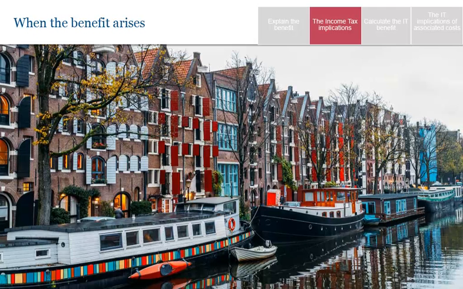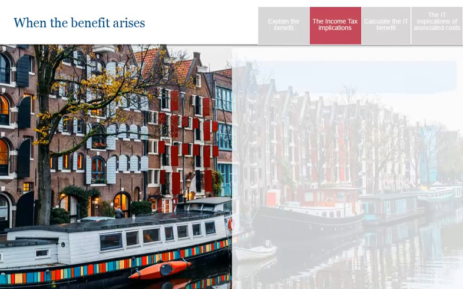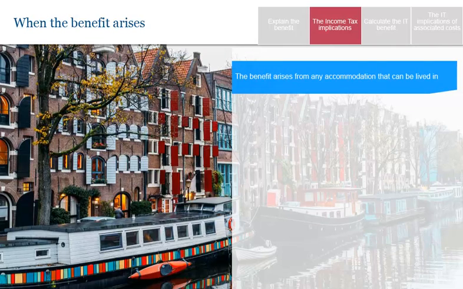Just to take a step back for a second, the accommodation has to be able to be lived in, which I know is a truism, but around the edges there are certain types of properties which are in or out of the benefit regime, or circumstances which are in or out of the benefit regime.